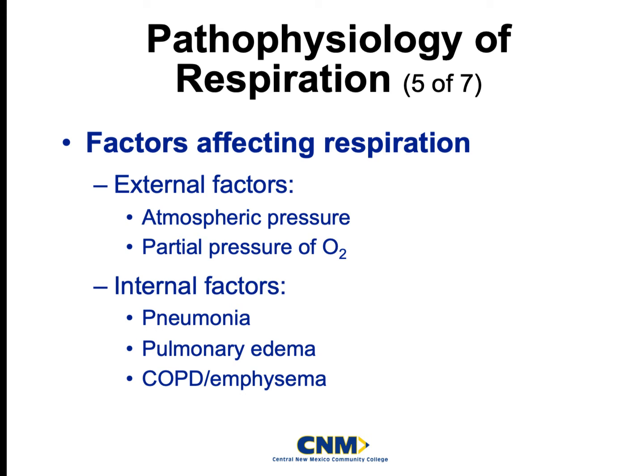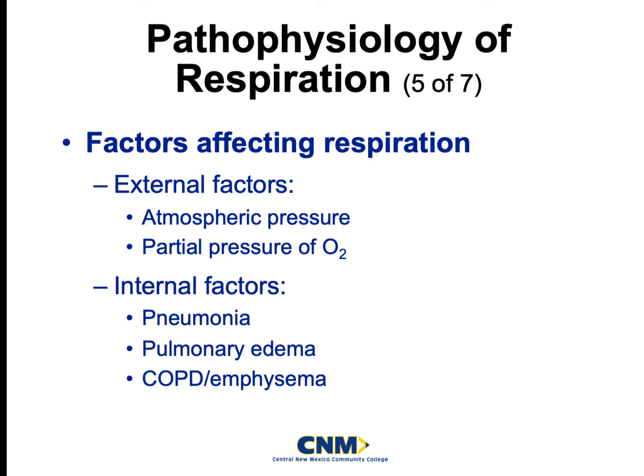So we're not actually able to get good, adequate respiration because we're not technically getting enough oxygen into our body in the first place. And that also goes with the partial pressure of oxygen, right? It's easier to breathe at sea level than it is to breathe where we are in Albuquerque, just over a mile up, all right?